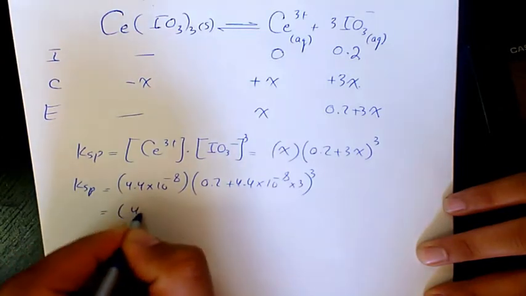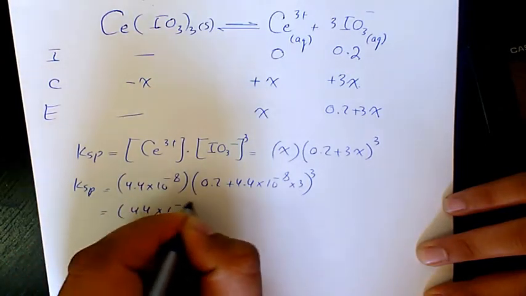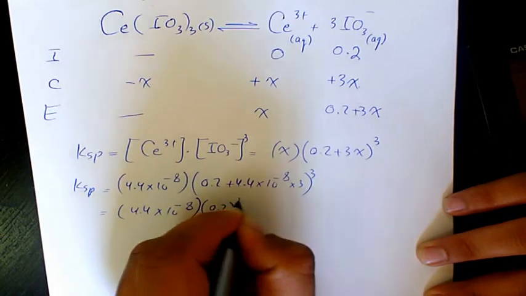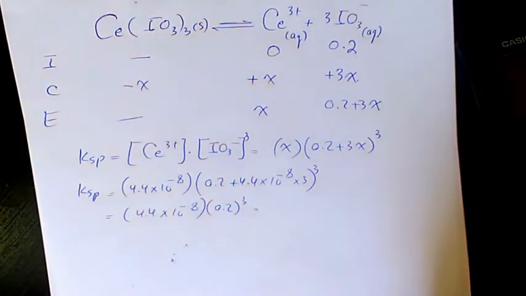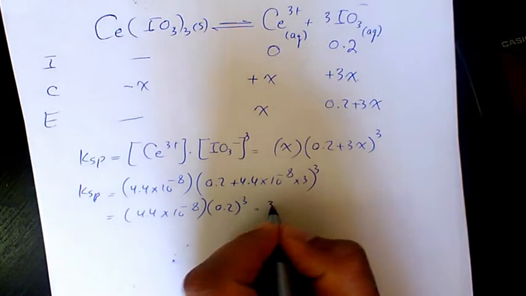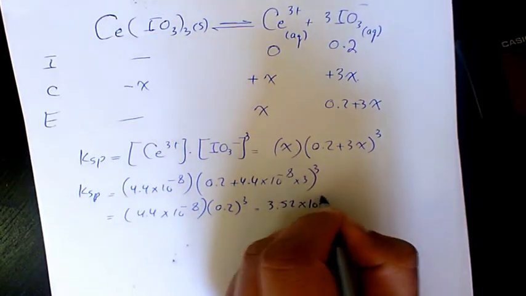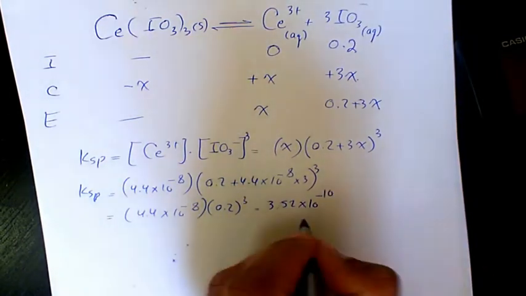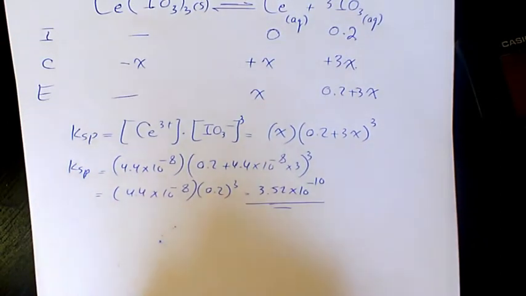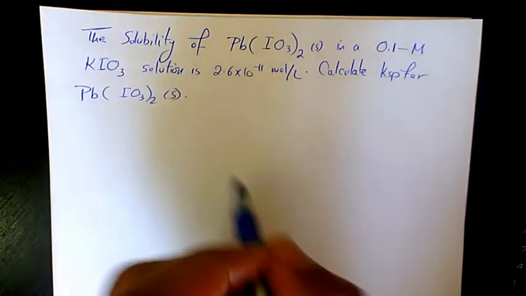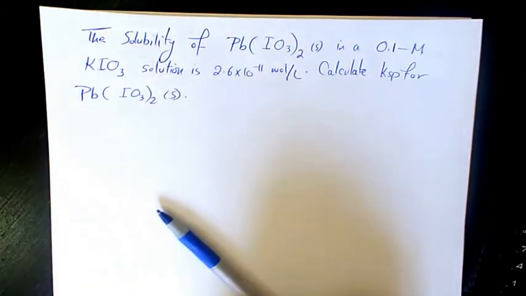So that's going to be 4.4 times 10 to the power of negative 8 times 0.2 to the power of 3. 3.52 times 10 to the power of negative 10 is going to be the value of Ksp for this solid.